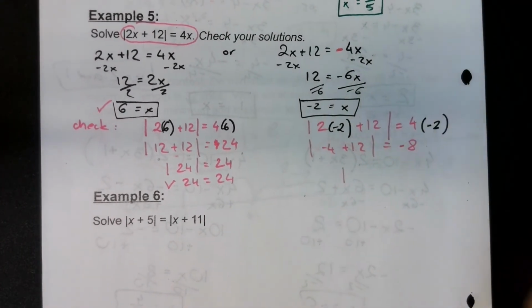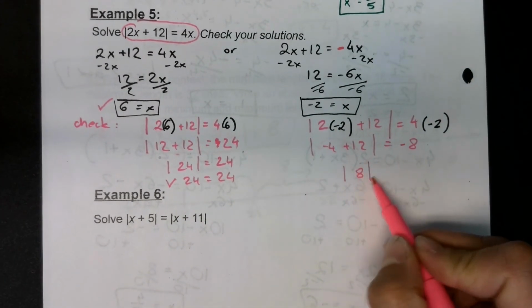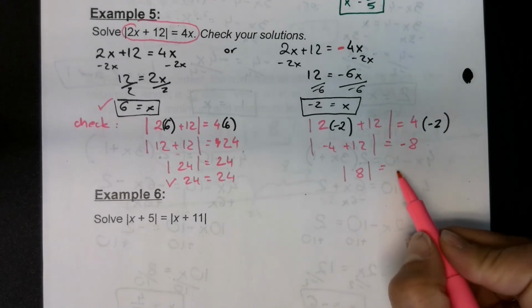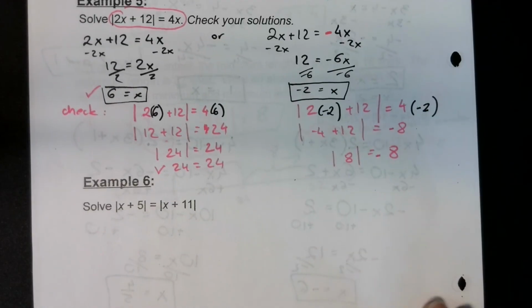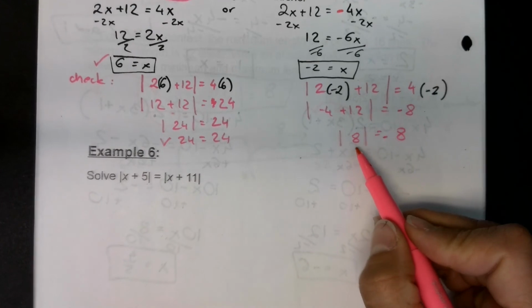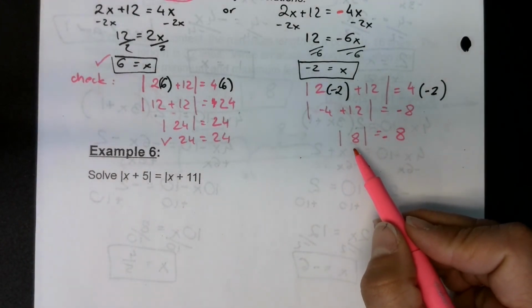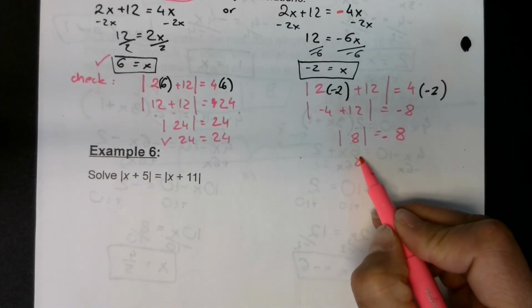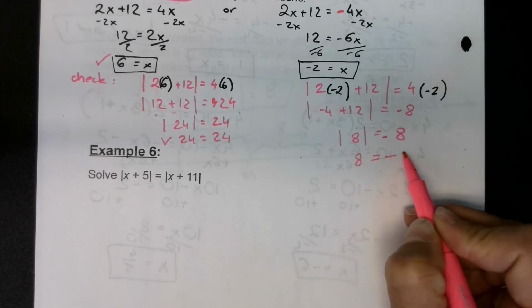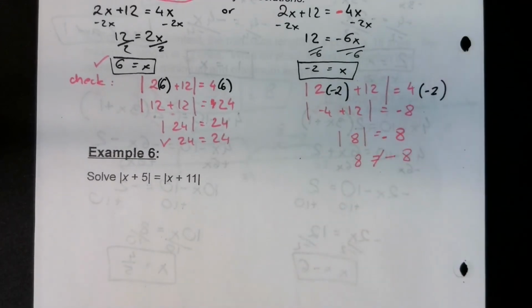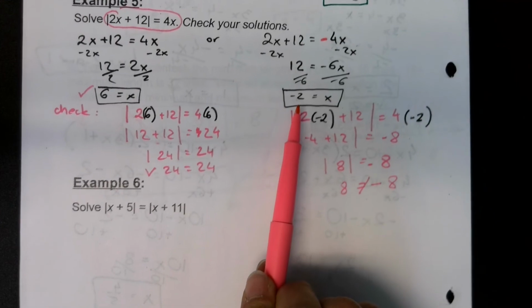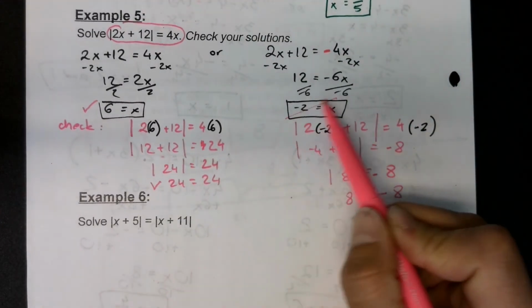If we simplify it, the absolute value of 8 equals negative 8. So if I take this out of absolute value, that's actually 8, and you can see that 8 does not equal negative 8.